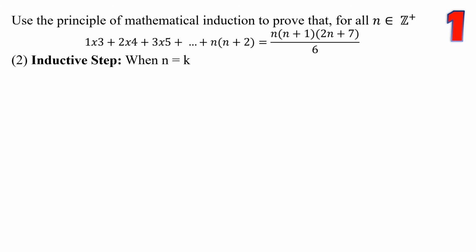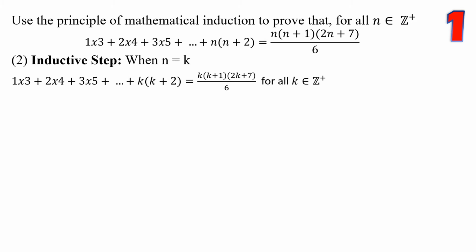First, let us assume that when n is equal to k, this statement 1 times 3 plus 2 times 4 plus 3 times 5 until k times k plus 2 is equal to k times k plus 1 times 2k plus 7 all over 6 is true for all k element of positive integers. That is, the integer k is greater than or equal to 1.